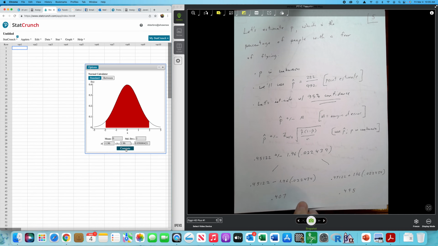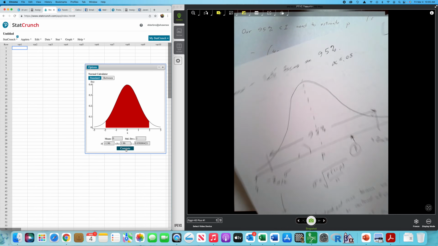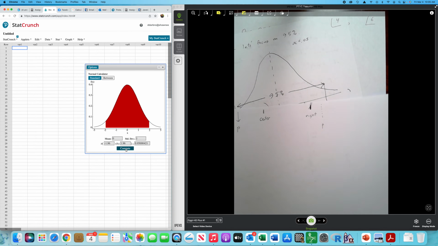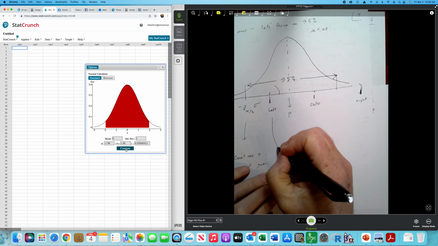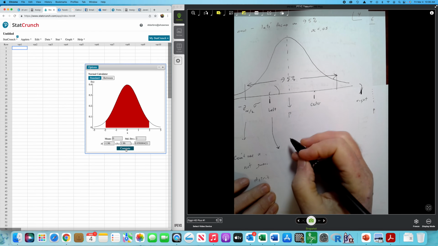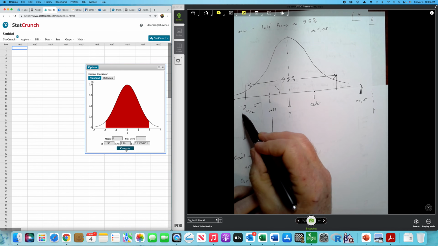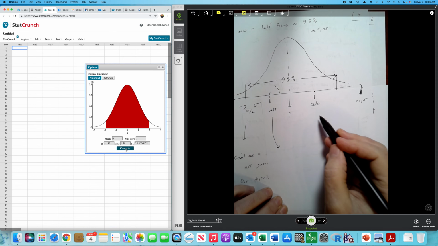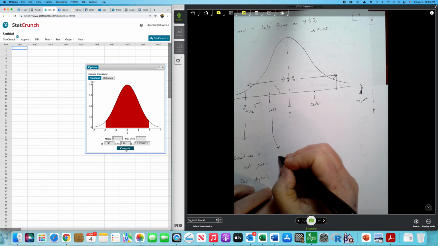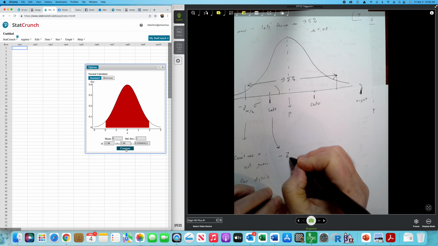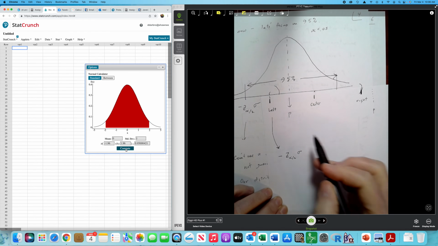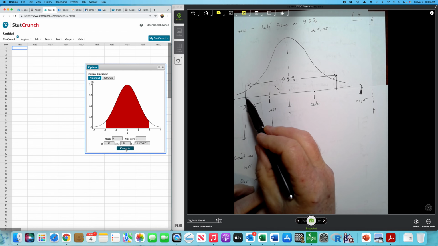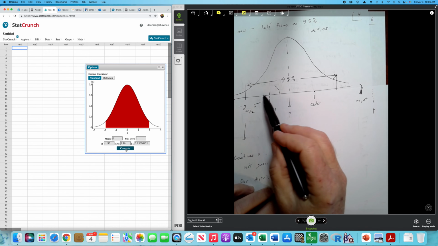So what does that left endpoint look like? Let's go back to the center. It just looks like the negative Z alpha over 2 times sigma, but its location is that, because that's that distance from P to here.